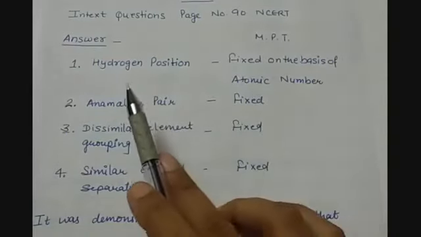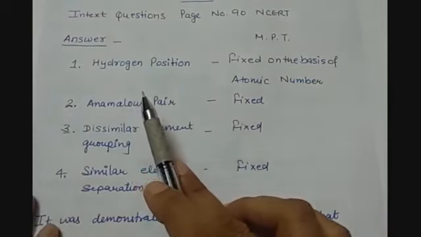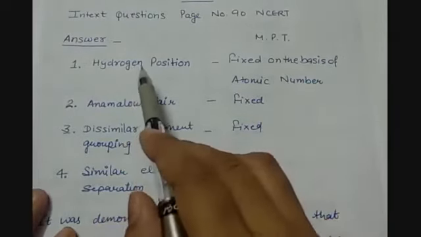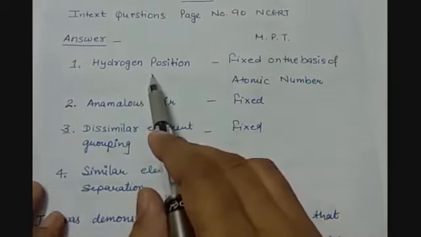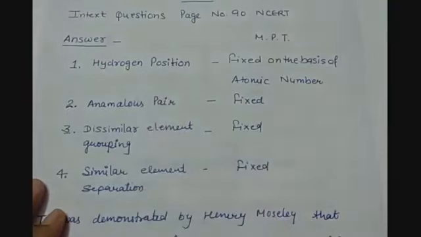So the first defect in the Mendeleev's periodic table was position of hydrogen was not fixed. But as Mendeleev's periodic table was based on the atomic masses, it gave priority to the atomic mass of the element. That is why the hydrogen position was not fixed.